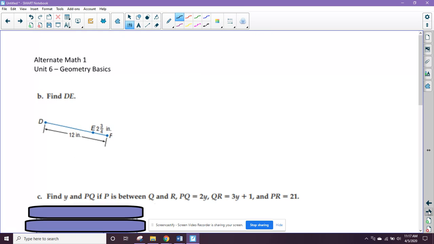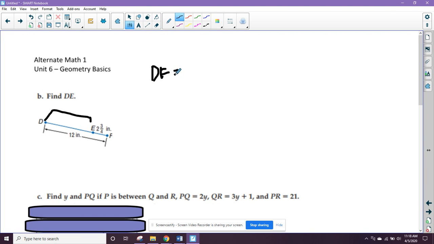Okay, let's look at B. Now we need to find DE. So we need to find this segment right here. So we are given DF. And that's a full segment.